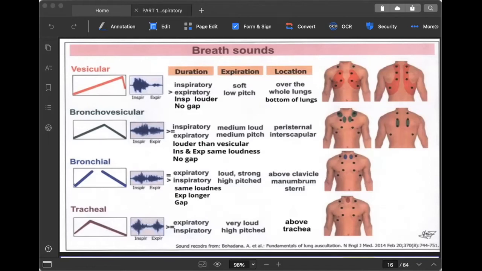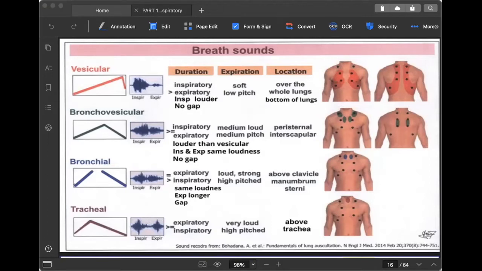In terms of characteristics, bronchial sounds are high in pitch, louder, and more tubular or hollow sounding than vesicular sounds, but they are not as harsh as tracheal breath sounds.